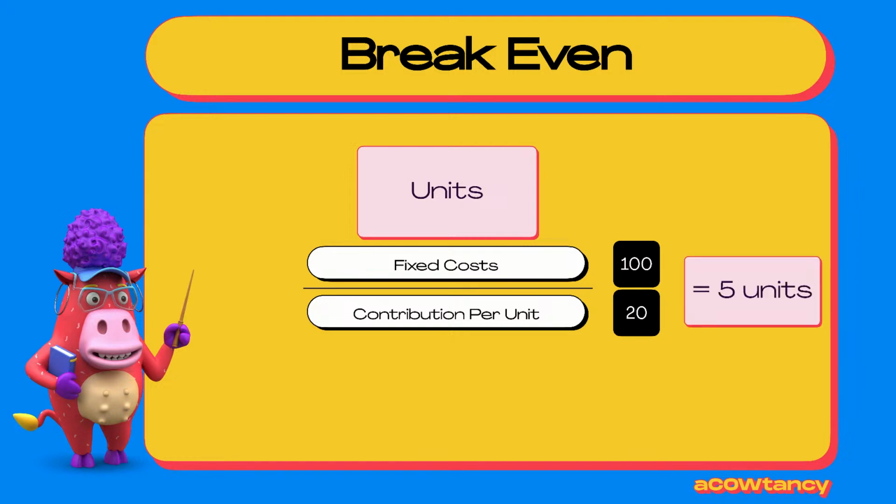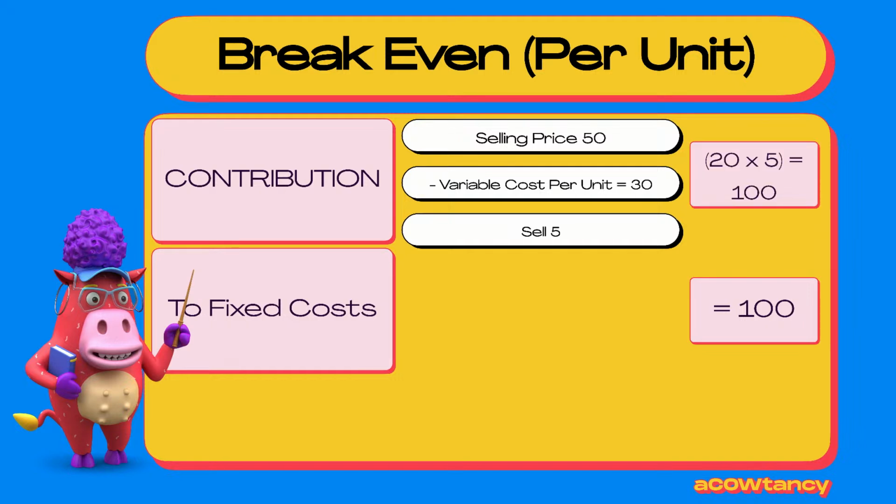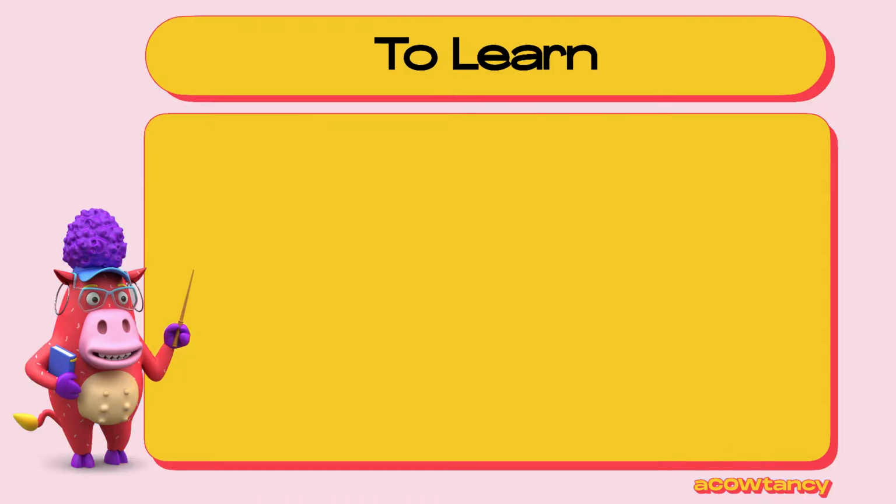So therefore, we should break even according to the formula at 5 units. Let's check if we did. So if we sell 5 and we're making contribution per unit of 20, then our contribution is 20 times 5, 100. And yes, because fixed costs are 100, we've broken even.